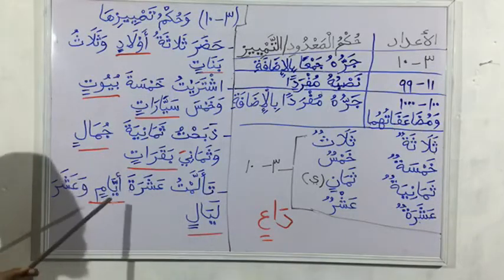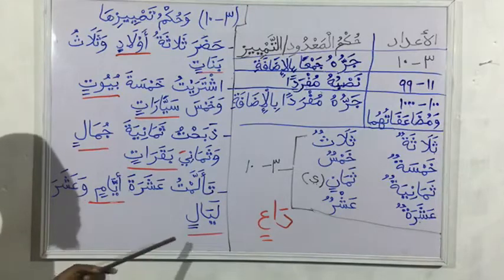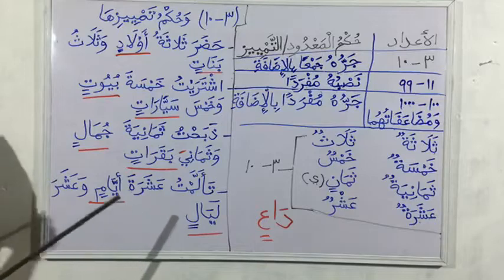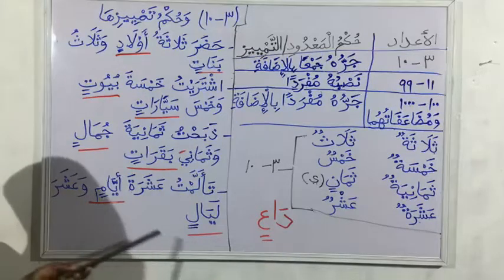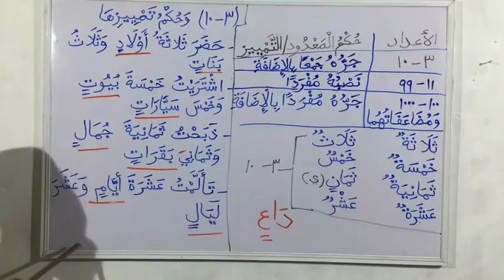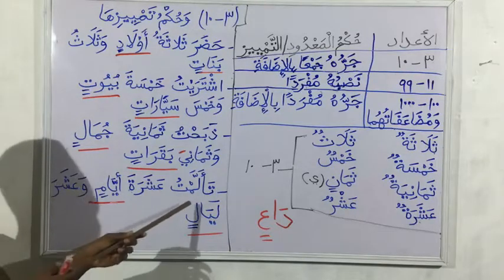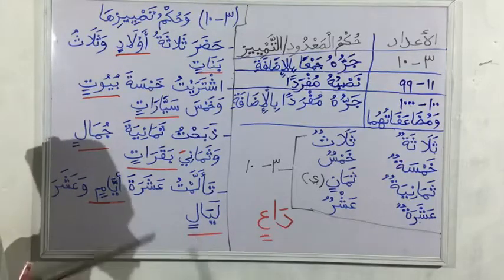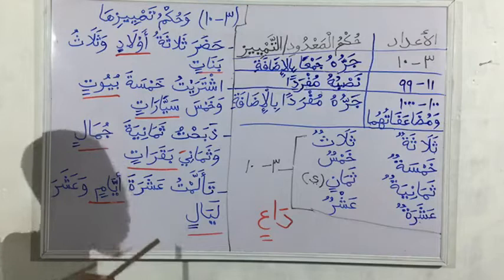So layla, this is yawmun ayamin, laylun laylatun. So why is it maf'ul fihi? Why did I say maf'ul fihi? It's because it is in form of time, indicating the time. Because it is indicating the time, that is why it is maf'ul fihi.